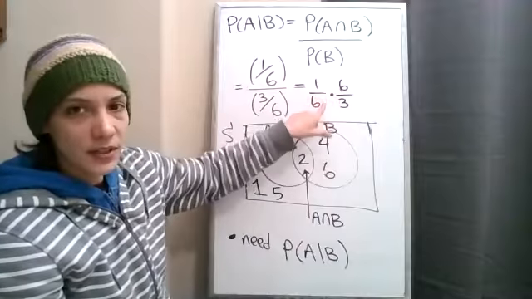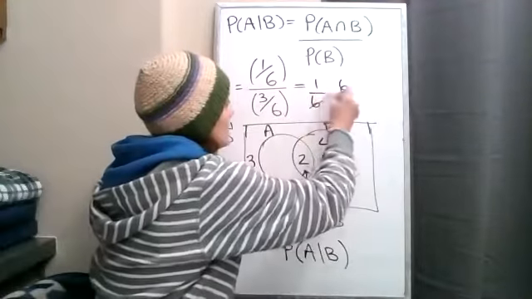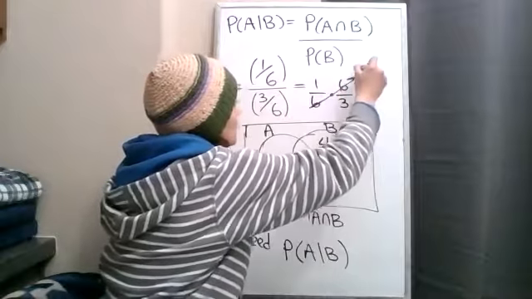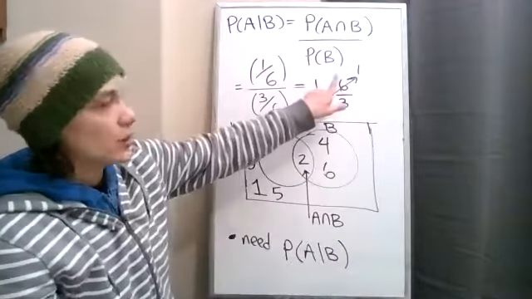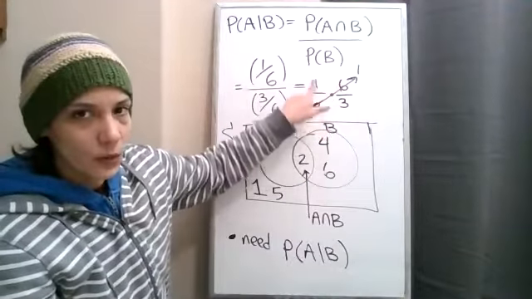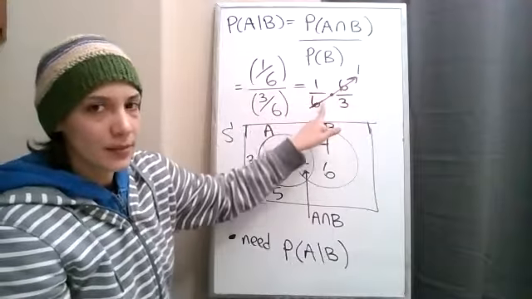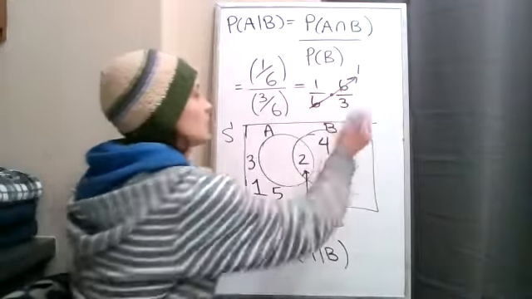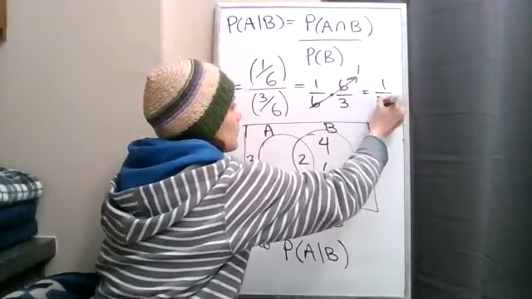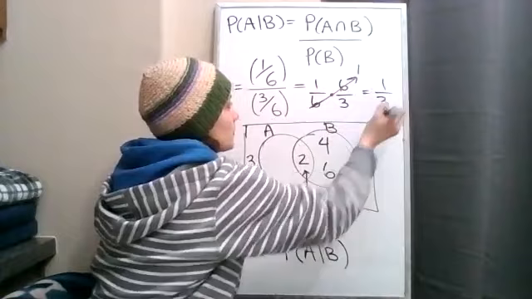Okay, 6 over 6 reduces to 1. So you'd have a 1 here and a 1 there. 1 times 1 equals 1. 1 times 3 equals 3. So we've gotten the answer from using that formula.